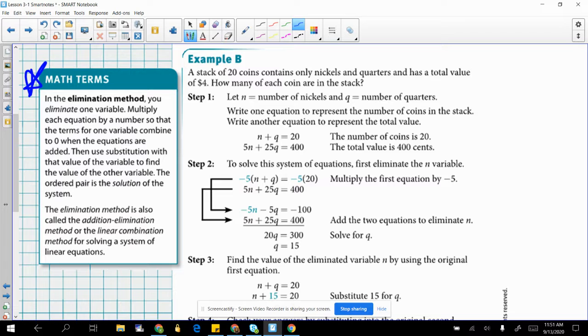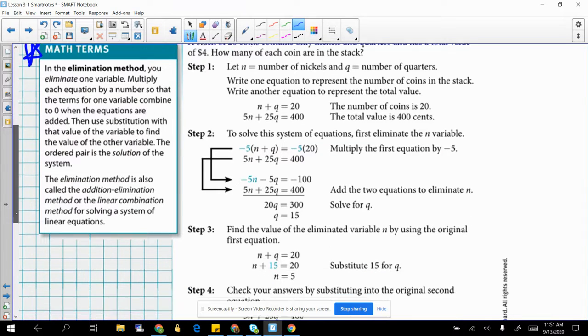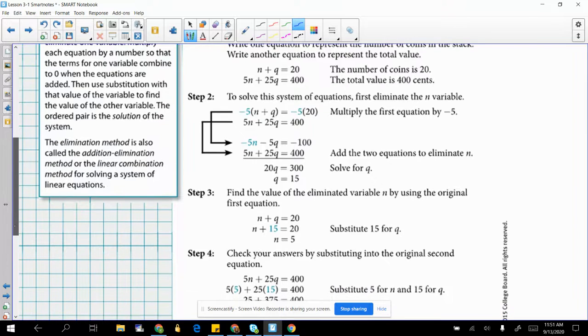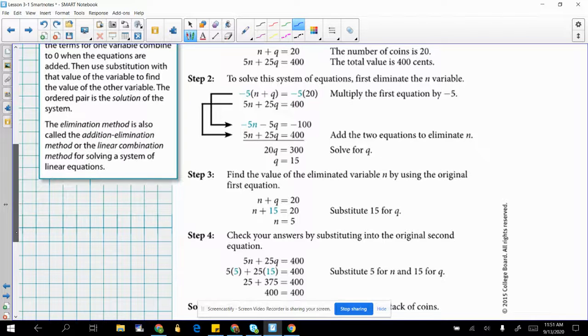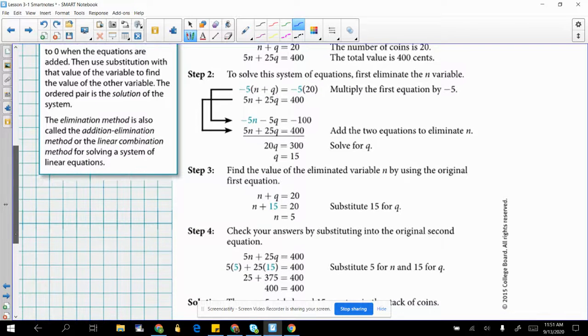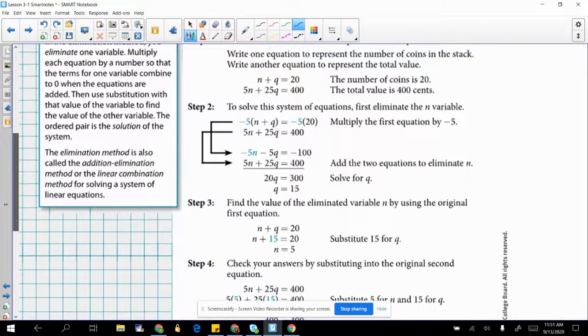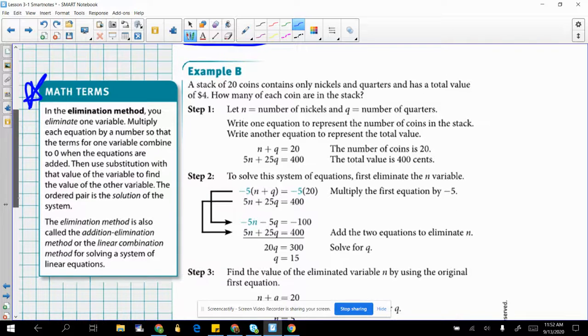It's kind of like we're finding that additive inverse that we talked about in the beginning of this unit. Then you'll use substitution with that value of the variable to find the value of the other variable. The ordered pair is the solution of the system. Just like last time, we'll write it as an ordered pair. The elimination method is also called addition elimination method or linear combination method for solving a system of linear equations. But we will really just refer to it as elimination.